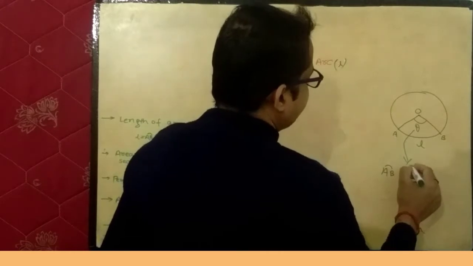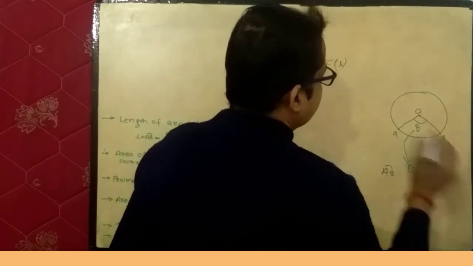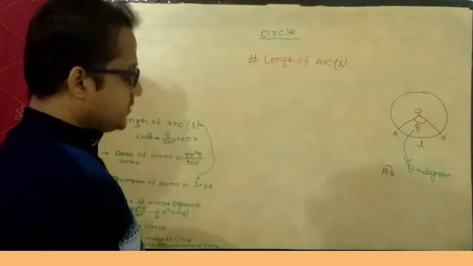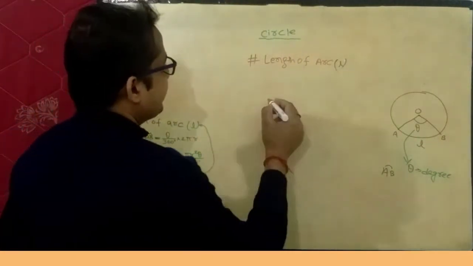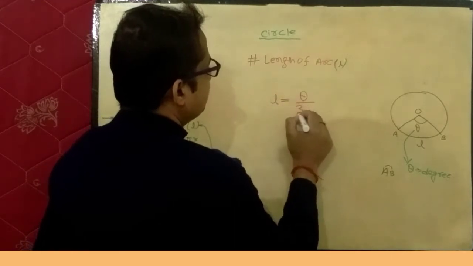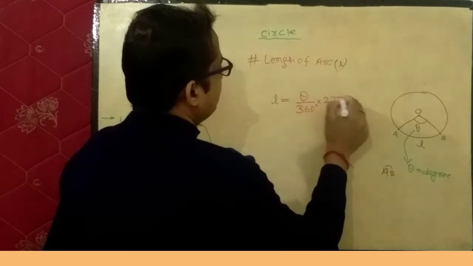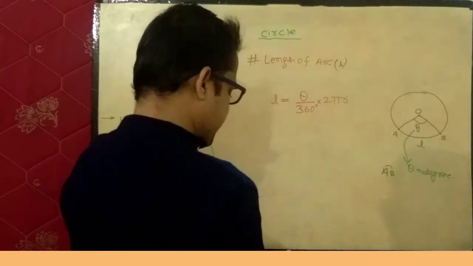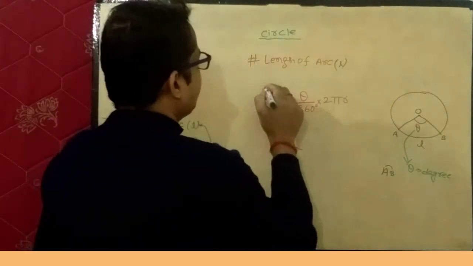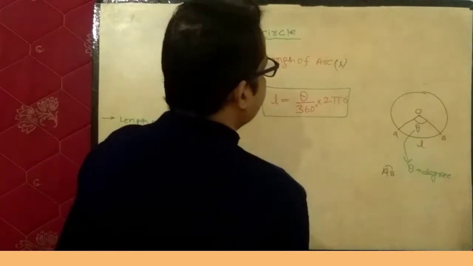This theta is given in degrees. Now arc length l equals theta upon 360 degrees into 2 pi r. This is the formula to calculate this arc length AB.